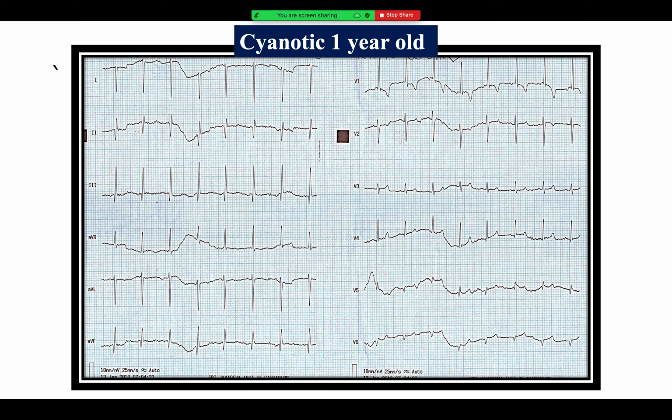So, what is happening over here? A 1-year-old cyanotic boy comes to your clinic with this ECG.